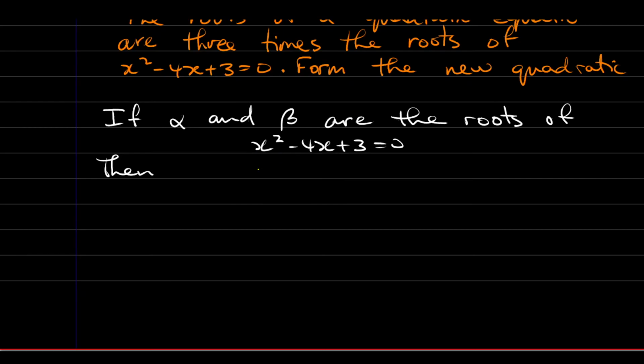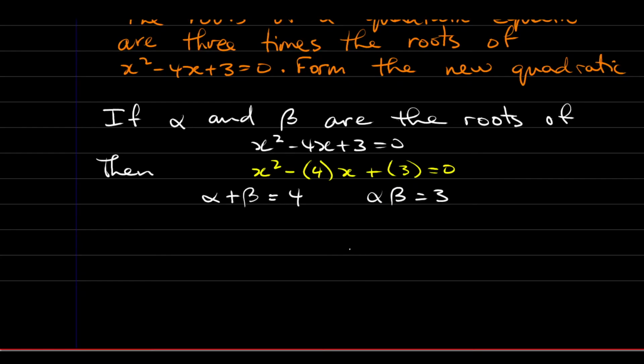So I'm just rewriting it here so you can see my thought process instead of me just writing out the answer. Plus 3, right? So then I can see that alpha plus beta is going to be equal to 4, and then alpha beta is going to be equal to 3.